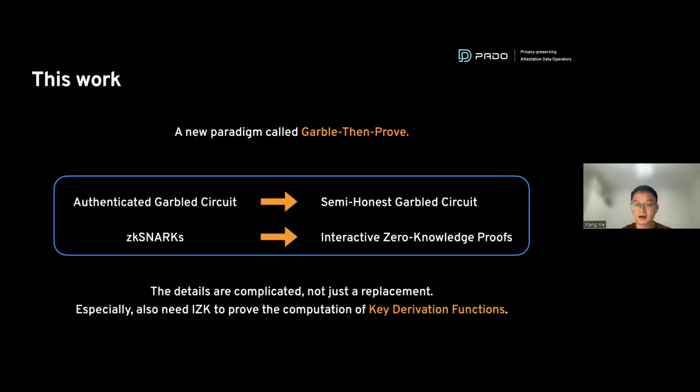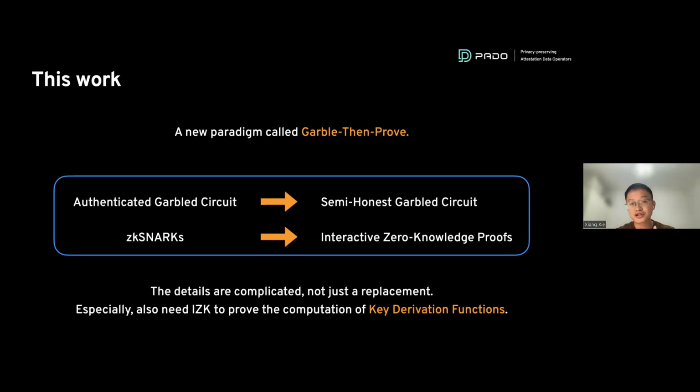All these building blocks are very lightweight, but I have to say it's not a simple replacement. The details are quite complicated. I just want to give you a brief framework of what we are doing, and to make it very fast.